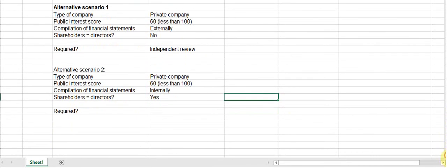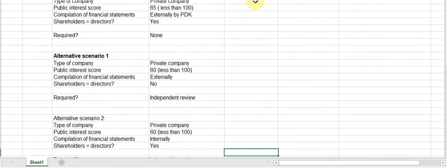In this instance, we are going to require an independent review, because now we have a potential here, internal compilation, we have the potential to have some fraud take place. You would find in the original one, it was externally compiled.